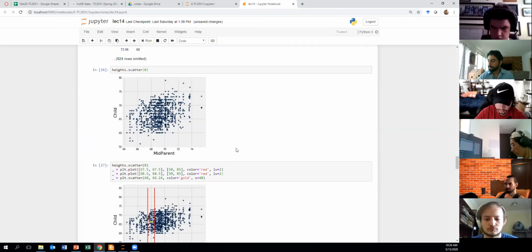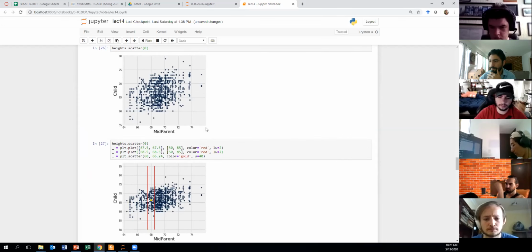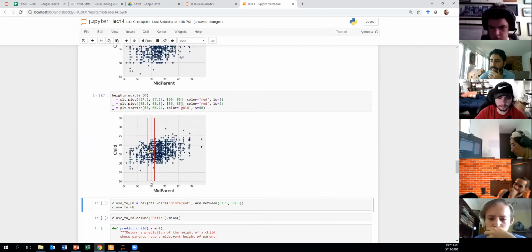So if you remember what we did last time, we limit our data to this, for example, for this point, I said I want to look at all this data from 67.5 to 68.5 in my mid-parents, and I'm going to average all those data, and based on that average, I'm going to predict the child height.